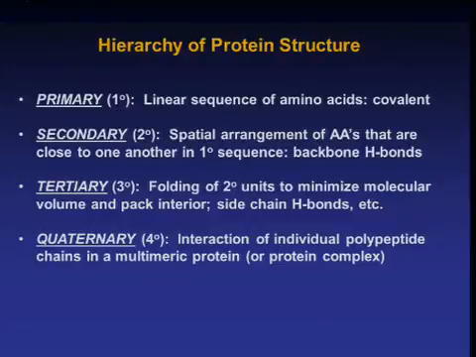When we talk about hemoglobin, we'll see a case where you're getting 4 different subunits coming together. They each have their own 3D structure. They come together to form a multimeric protein or a protein complex. And we'll see what the consequences are of having multiple subunits in an enzyme.